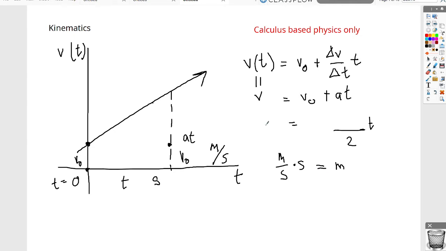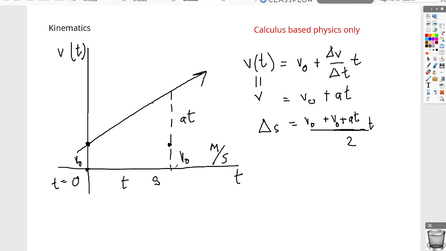So this will be something with meters in it. I'm just going to use S. So change in S, or just S in general, is equal to, let's see, V naught plus V naught plus AT, divided by 2, right?